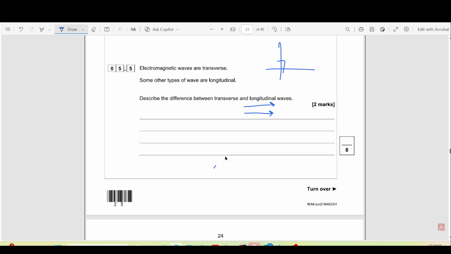That is the main difference. So in transverse, oscillations are perpendicular to the direction of energy transfer.